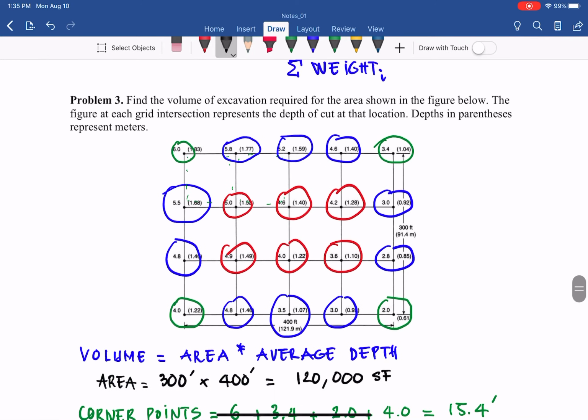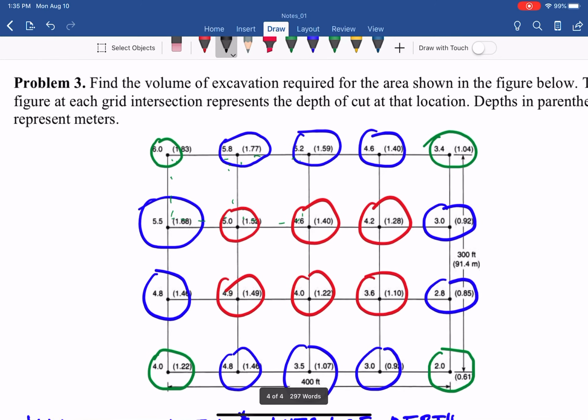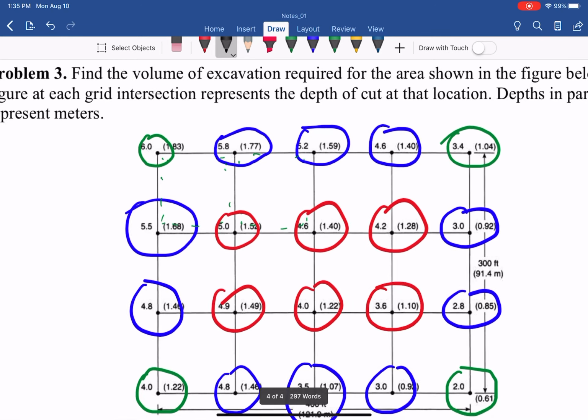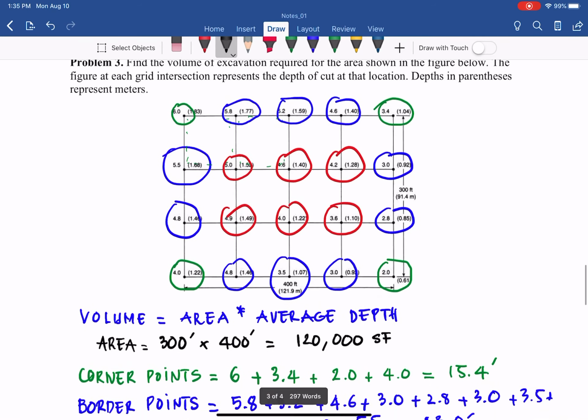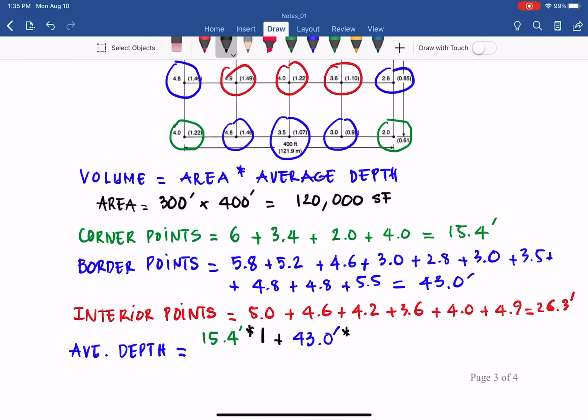For the border points, as you can see, there are 2 grids interfacing, so the weight will be 2.